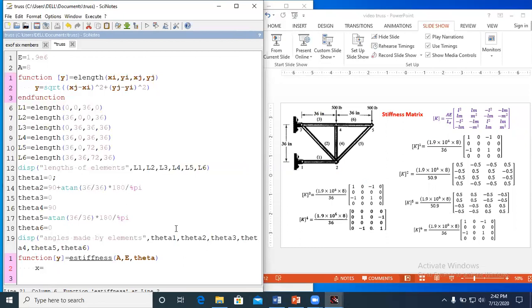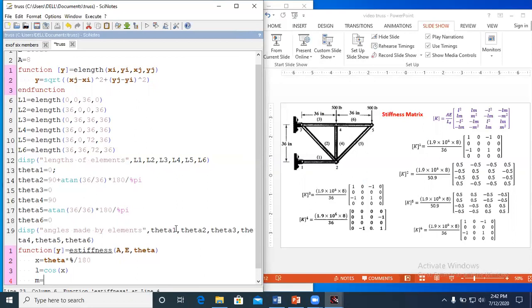For converting from degrees to radians, I will write theta is equal to theta into pi divided by 180. Next, L is equal to cos x of theta, because we have written that angle in radian form, and m is equal to sin x.